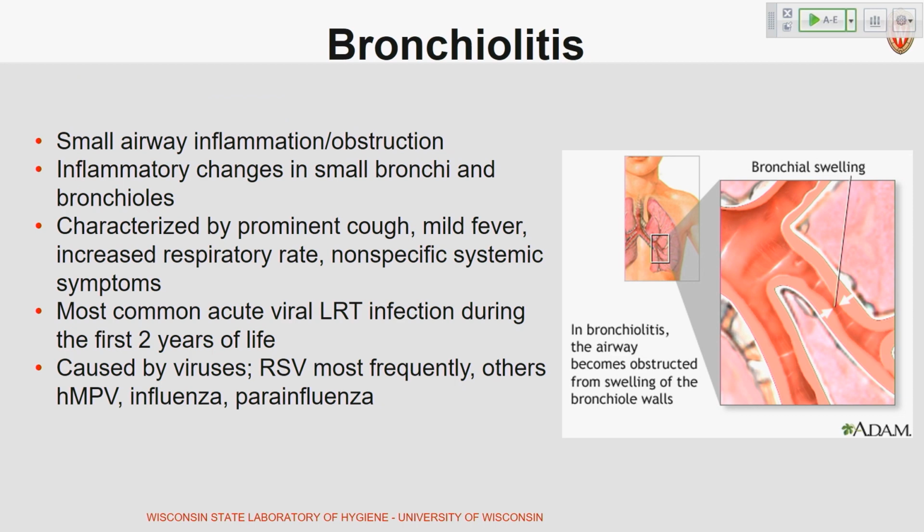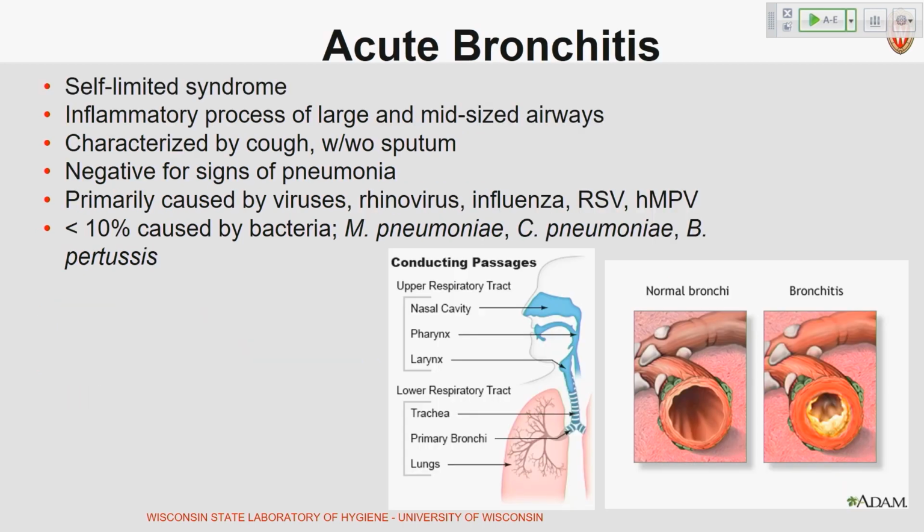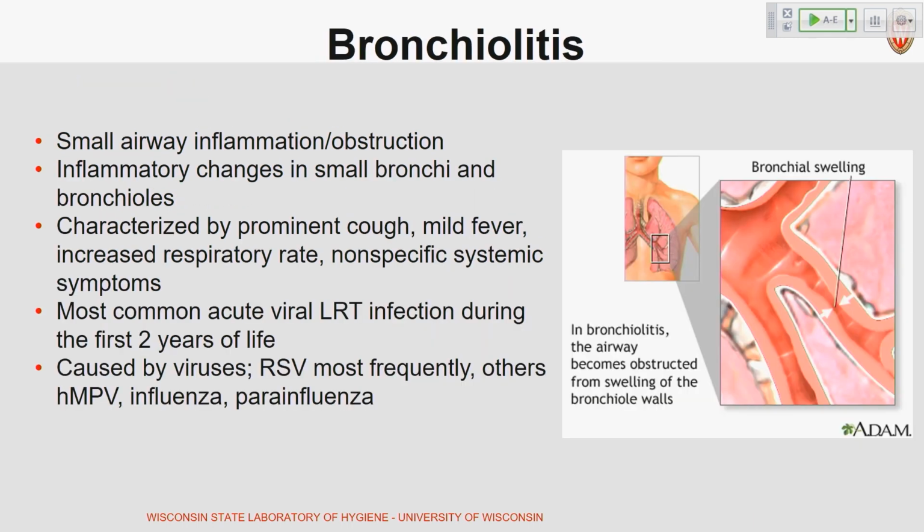Bronchiolitis. So if I go back, I think D was back here. And again, looking at the anatomy here, we're kind of just moving down, right? So going from the bronchi down to bronchiolitis and where that can be found. Again, a very common viral lower respiratory tract disease, most commonly in the first 2 years of life.